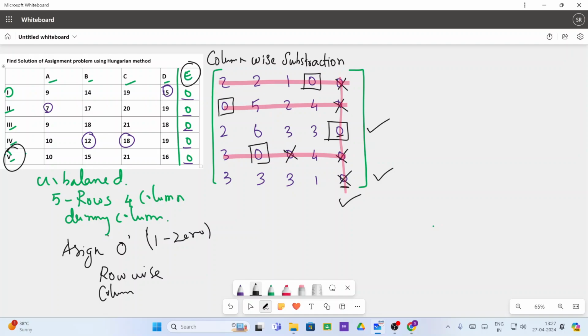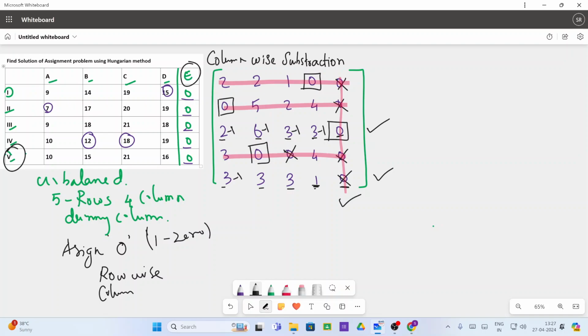The next step is to select the minimum value in the remaining values. The minimum value is 1. You have to subtract it from all these values, like 6 minus 1, and do it for all the values.